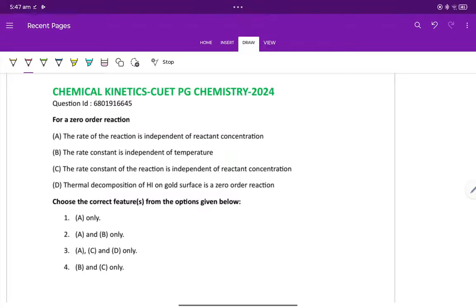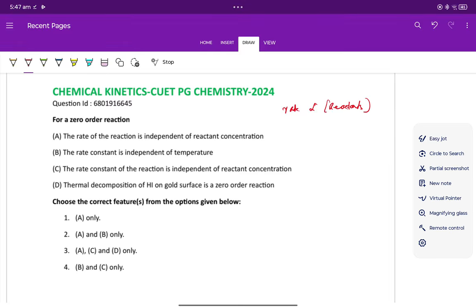We know rate is proportional to concentration of the reactants, and of course to the power of n, where n is the order of the reaction.